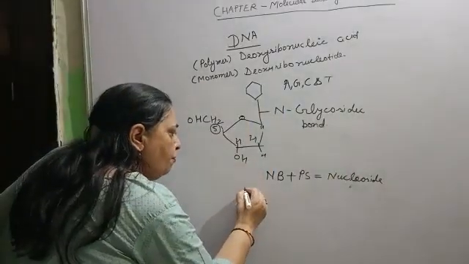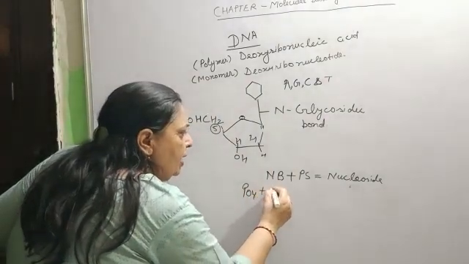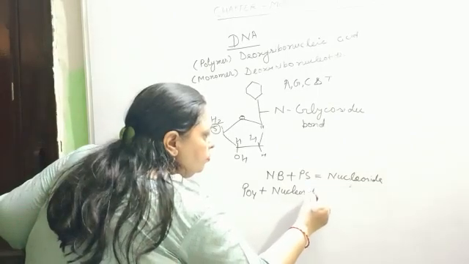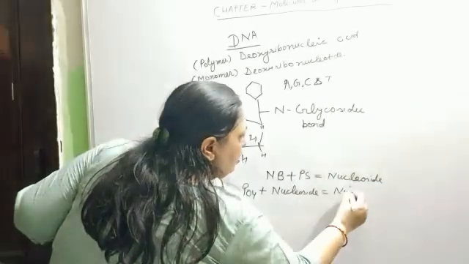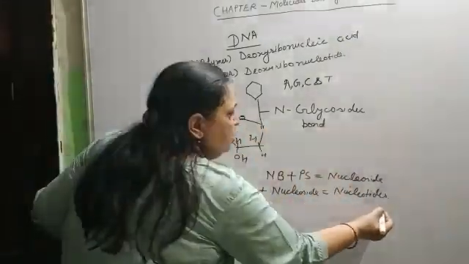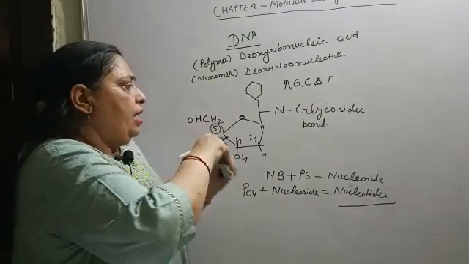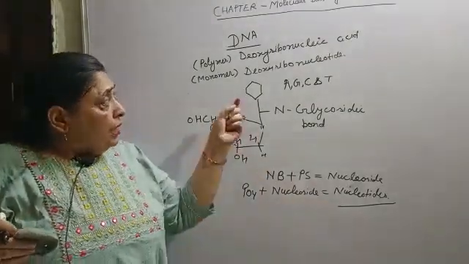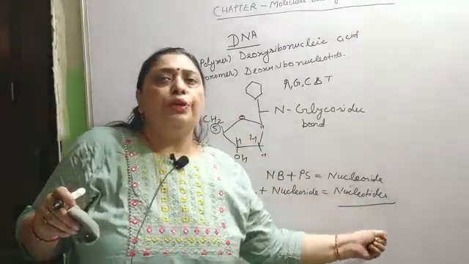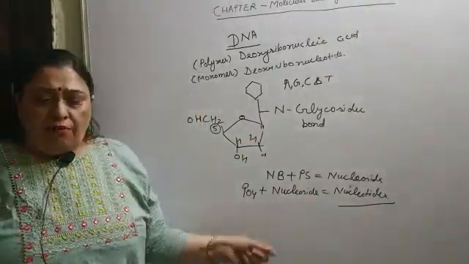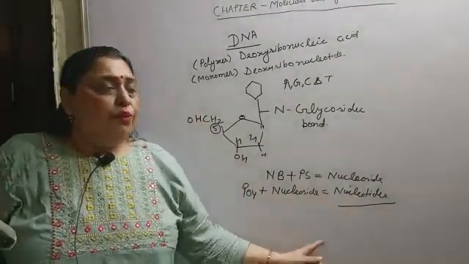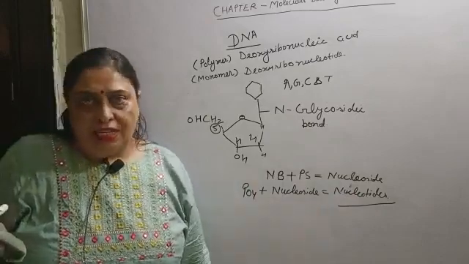But if a phosphate group is added to the nucleoside, then a nucleotide will form, and this nucleotide is the monomer, and because of deoxyribose sugar, this is known as deoxyribonucleotide. So now we will understand how these two nucleotides will combine with each other.